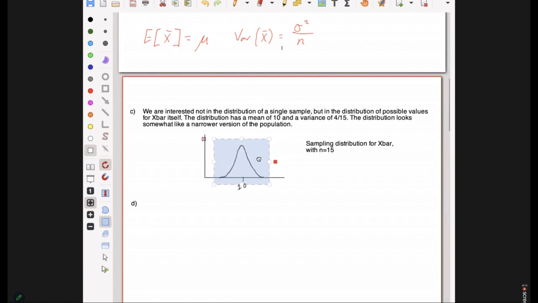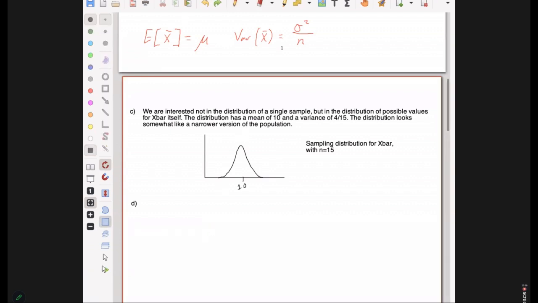So you can't see the sample size on the plot here. The sample size is not the sample size of this distribution, but the sample size of the samples that go into this distribution.